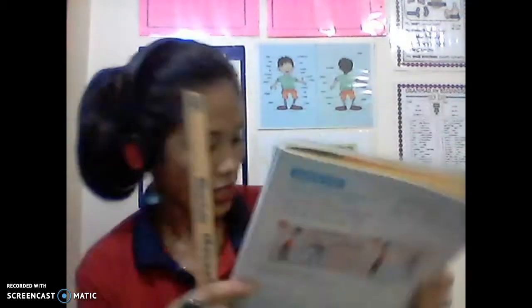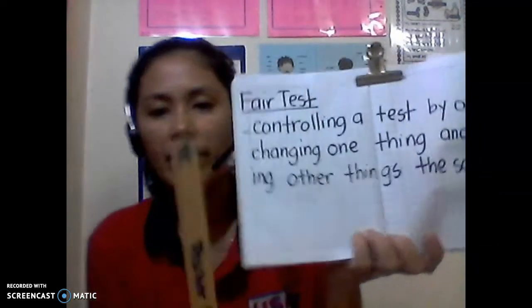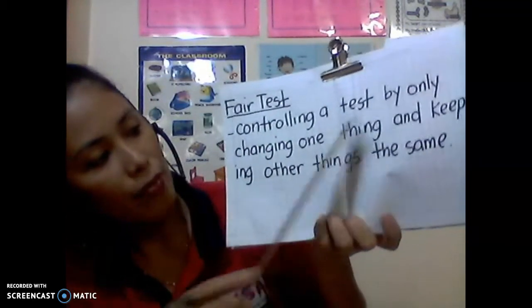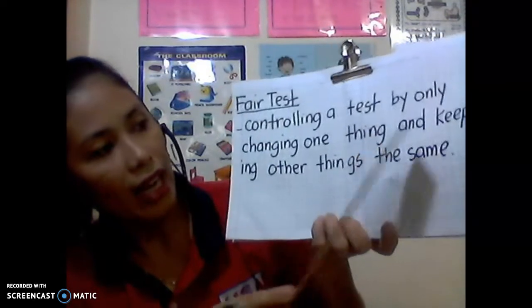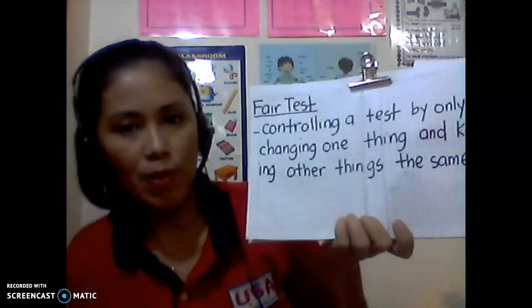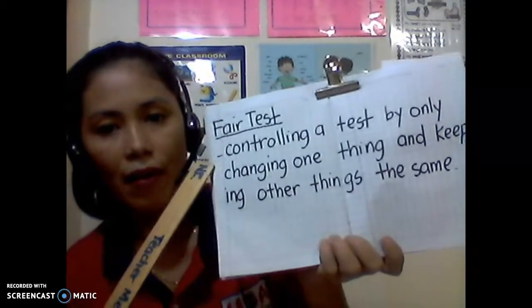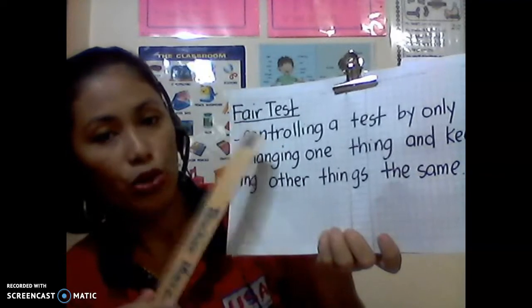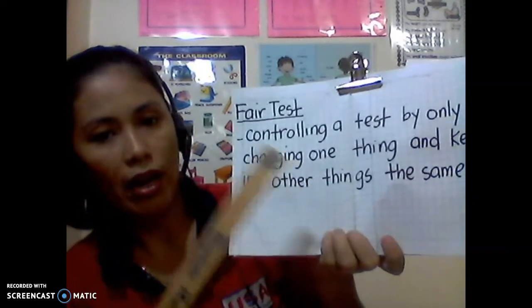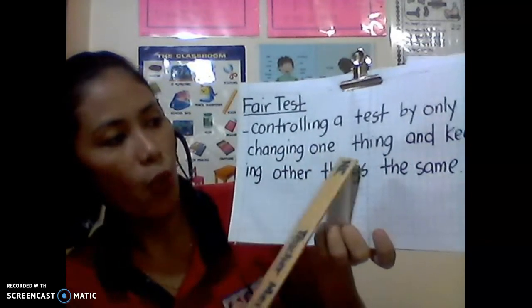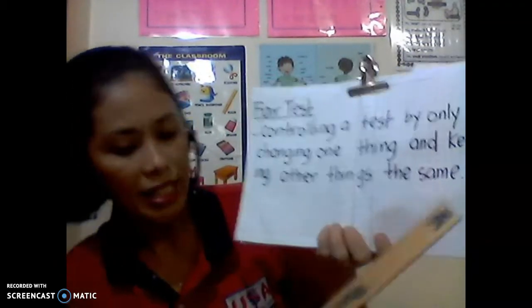Now let's read what a fair test is. A fair test is controlling a test by only changing one thing and keeping the other things the same. So in this experiment, fair test is a type of test that we control when we experiment. We control it by only changing one thing and keeping the other things the same.